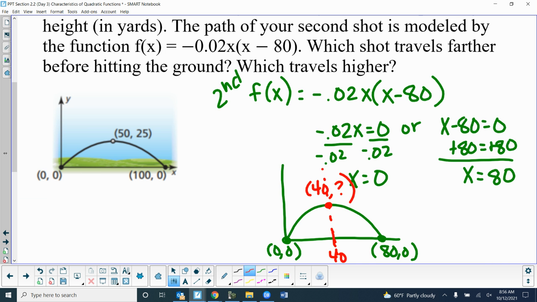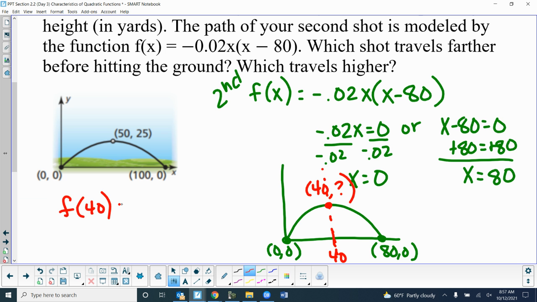How do I figure out that y value? What have we done in the past once we knew the axis of symmetry? Plugged it in, right? For the x. So I'm going to plug in 40 for those two x's and then solve it. It's like doing f of 40.